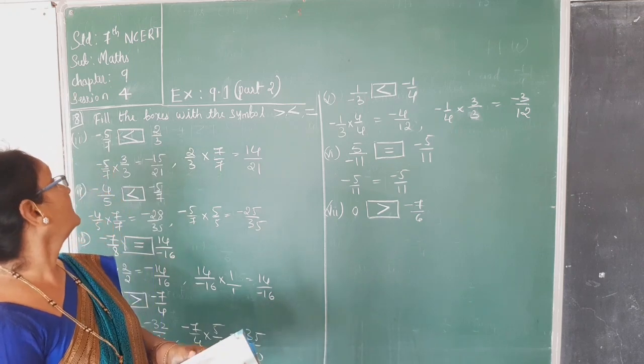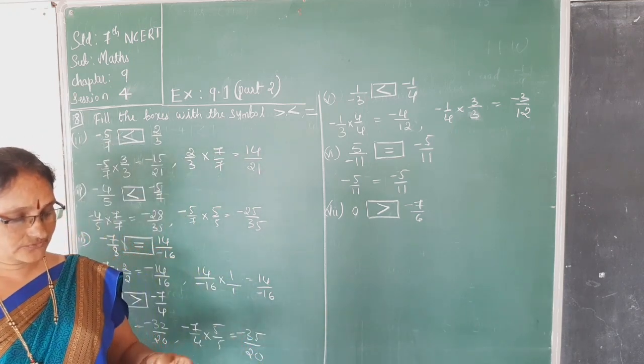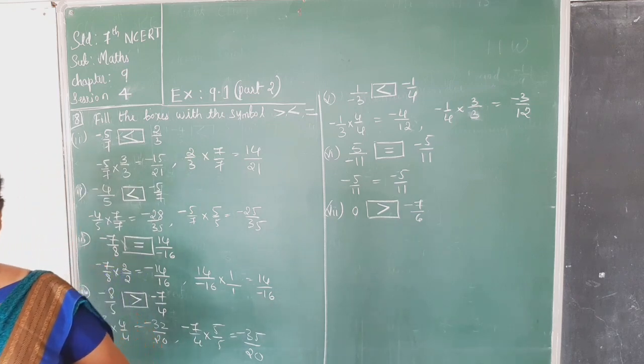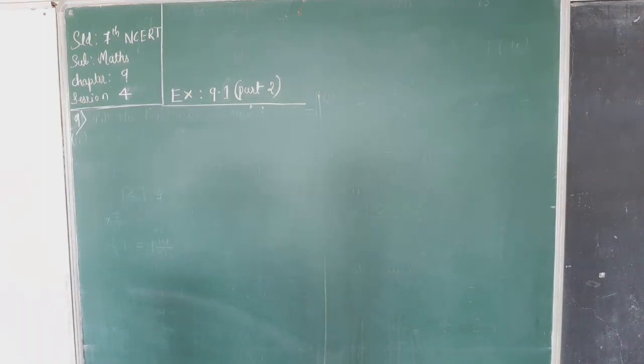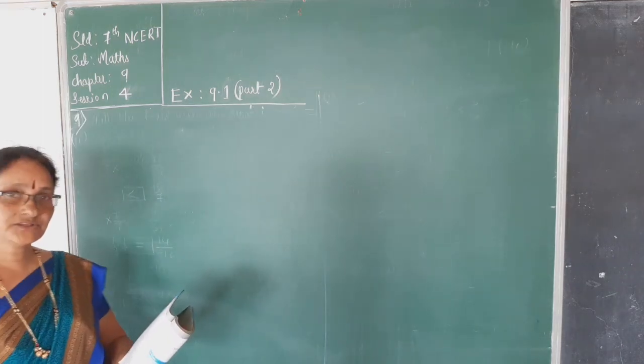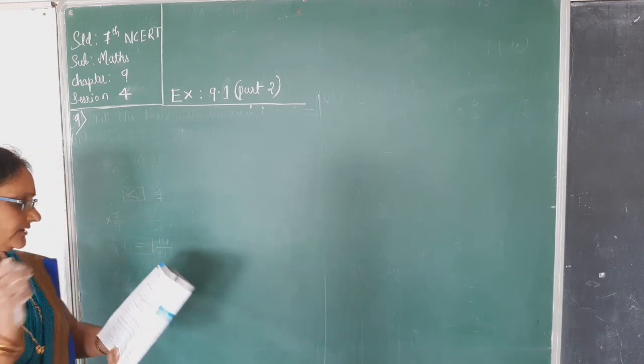So this is what the 8th main of exercise 9.1. Now the 9th main. Now the 9th main, we have to write which is greater in each of the following.